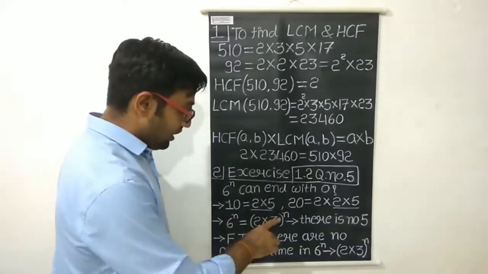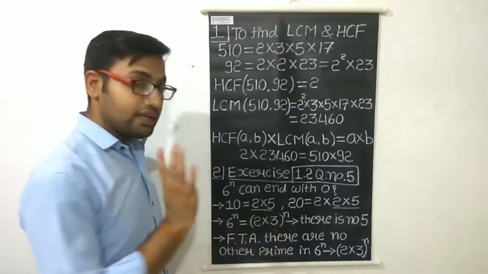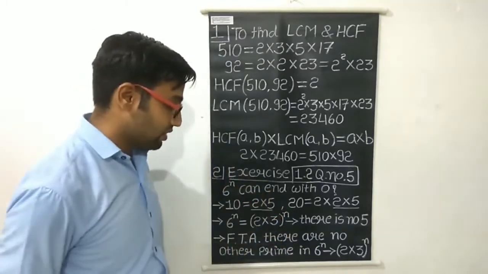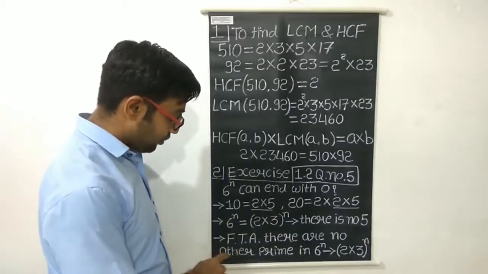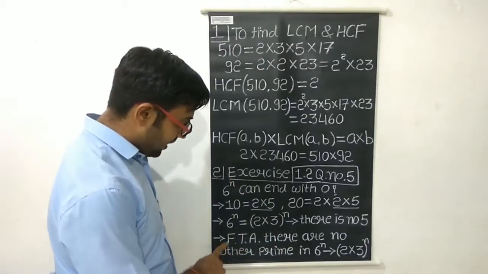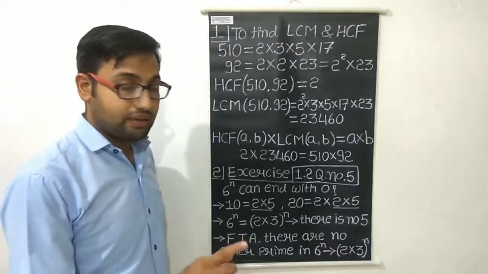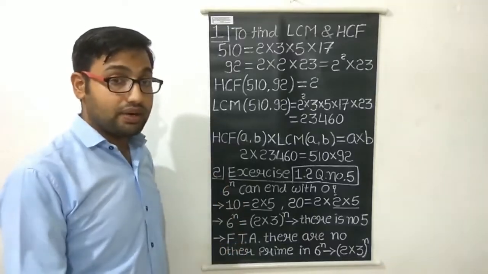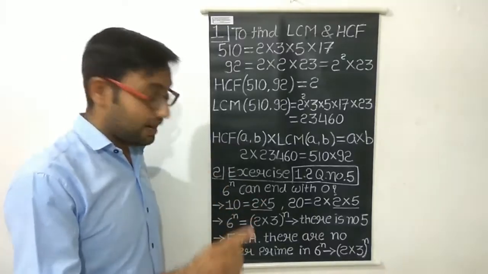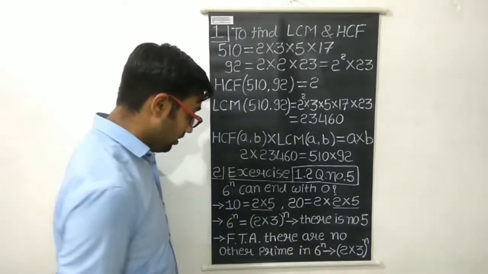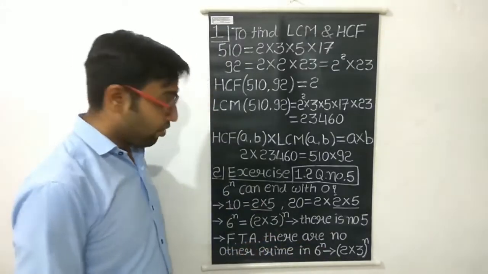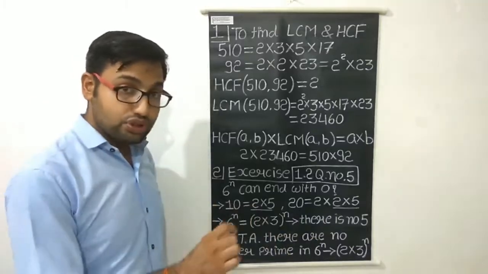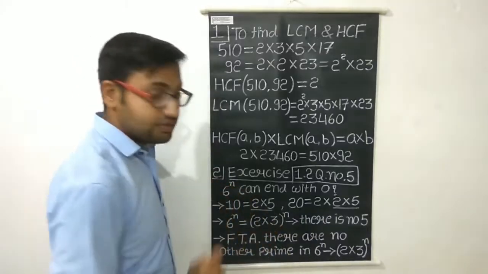So no value of n is possible. That is the answer to this question. Why? Because the fundamental theorem of arithmetic guarantees that no other prime factorization of 6 raised to n is possible except this.